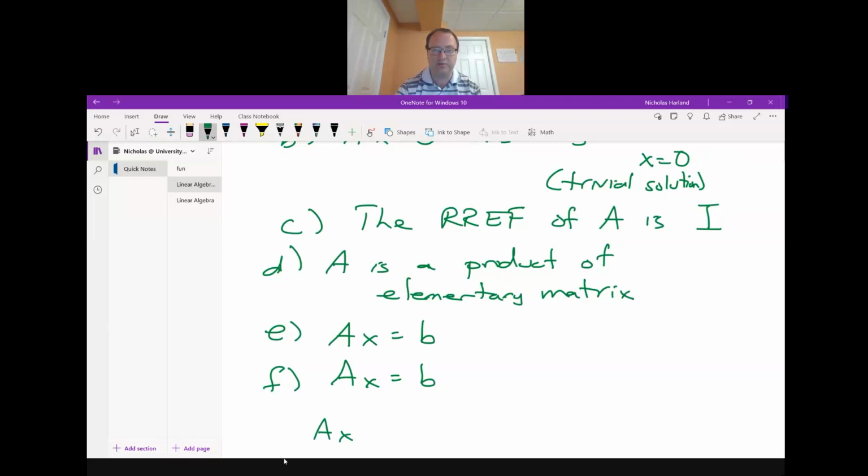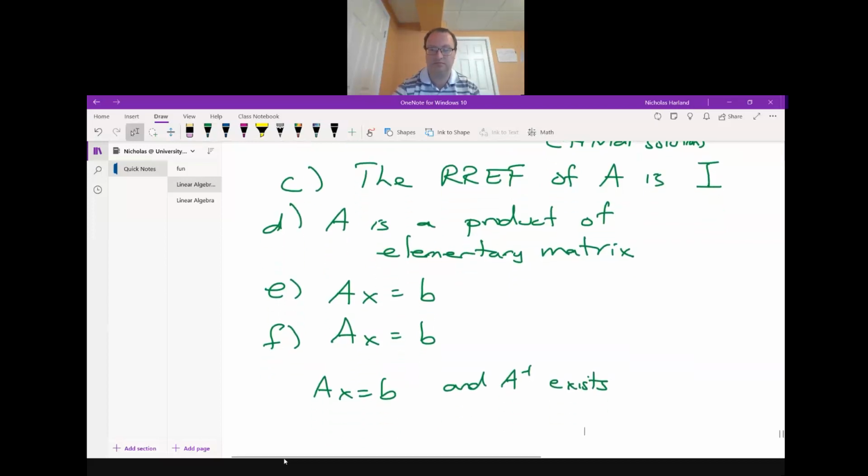If AX is equal to B and A inverse exists, then what happens when you're solving for X? Well, X would be equal to A inverse times B. Now that doesn't prove that they're equivalent, because that's only one direction, but it hopefully gives a little bit of an idea as to what we get when we complete this right here.